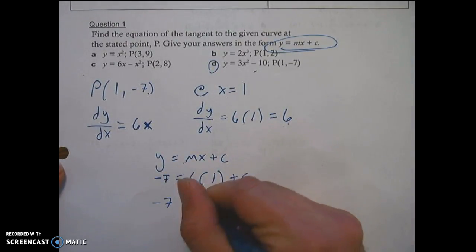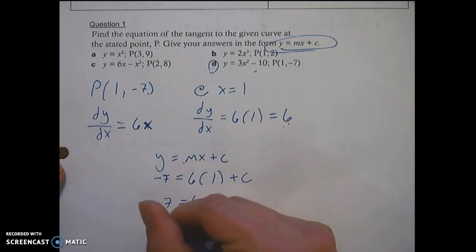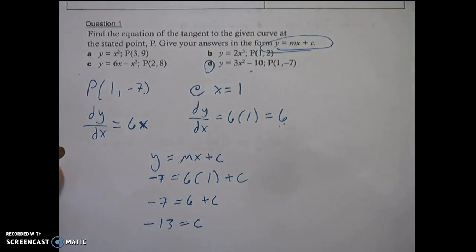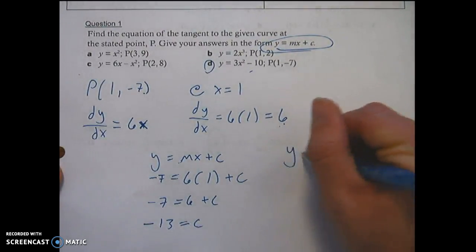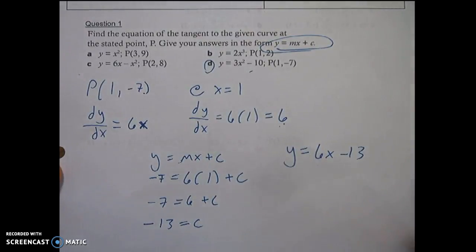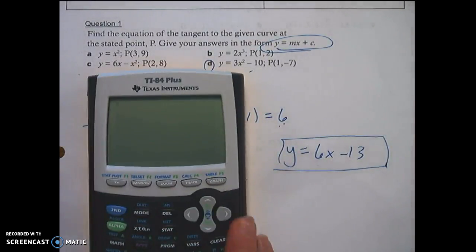So this is negative 7 equals 6 plus c. So c must be negative 13. Now I've got enough information to write the entire equation, which is simply y equals 6x minus 13.